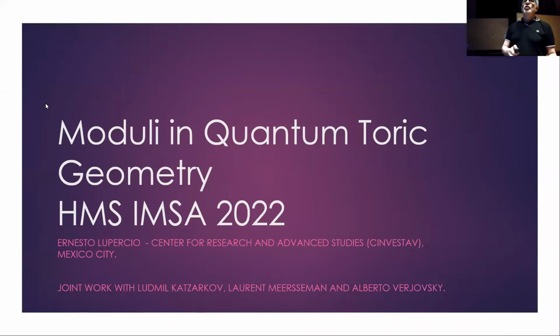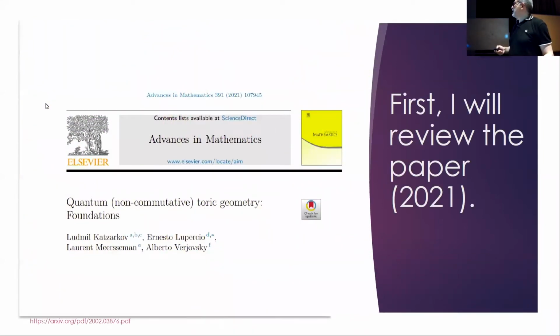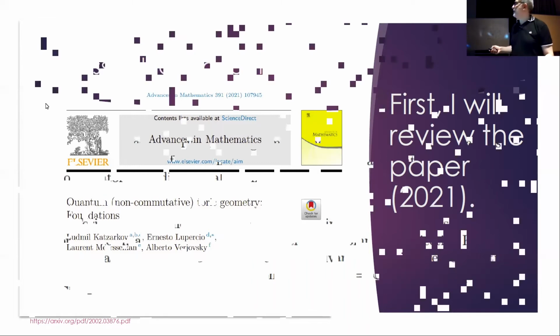I'll try to get to moduli and a little bit of mirror symmetry, but we'll see how far I get. Most of what I'm going to say today is in this paper by Ludmil, Laurent, and Alberto, and you can find most of the details there.